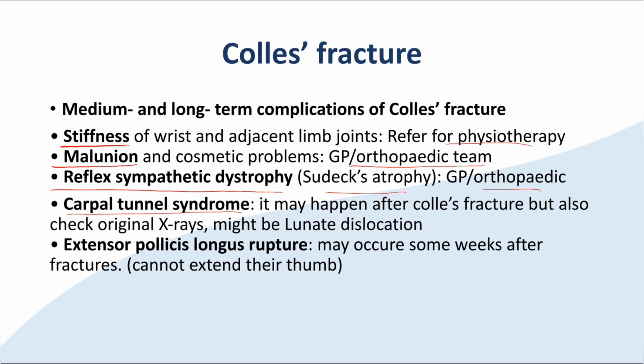Carpal tunnel syndrome may happen after Colles fracture, but also check the original X-ray because it might be a lunate dislocation. Extensor pollicis longus rupture might also happen some weeks after the fracture. The patient cannot extend their thumb. This is also a complication of Colles fracture.